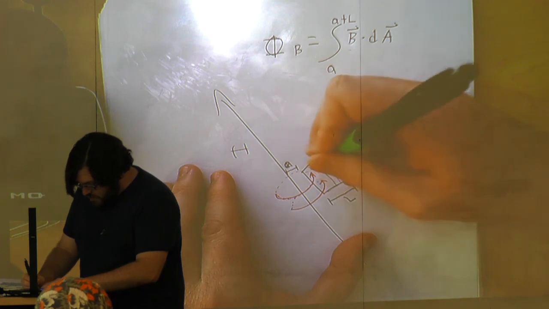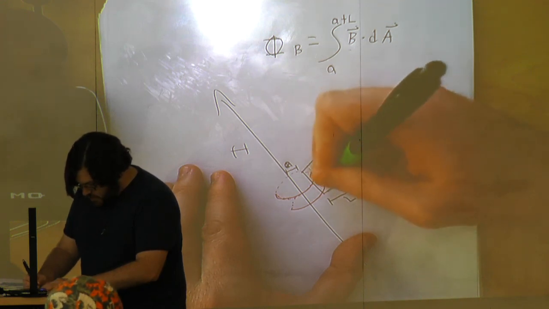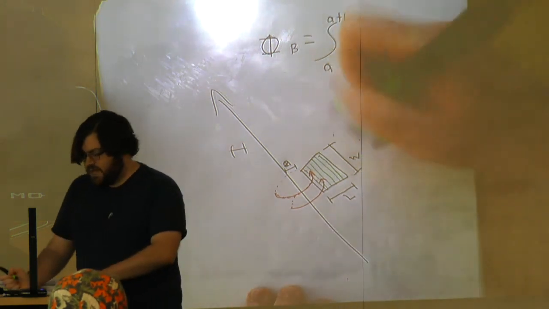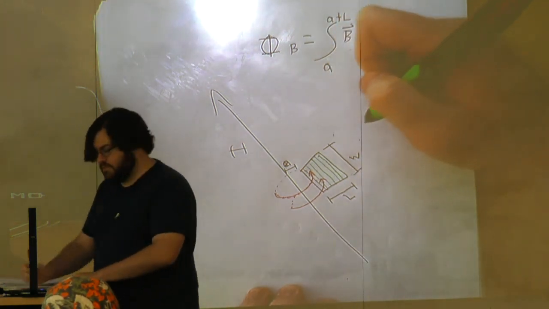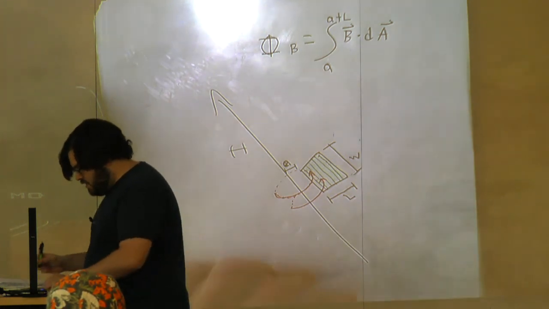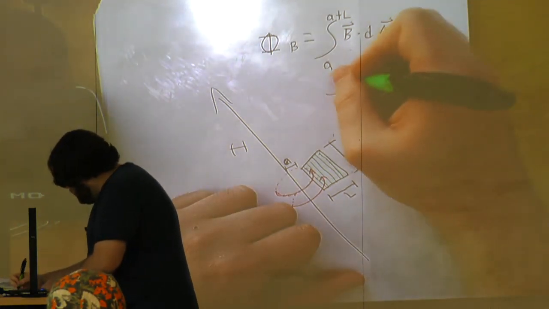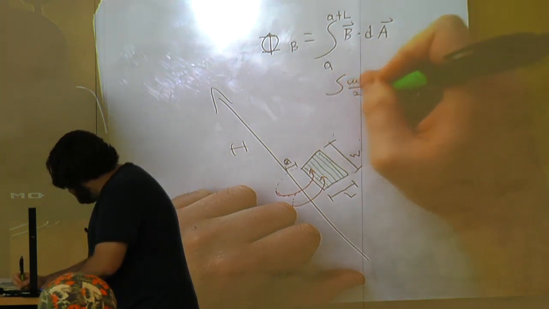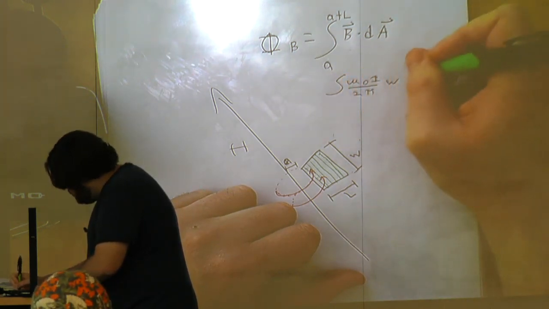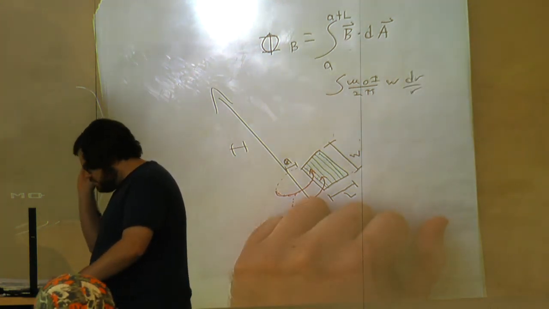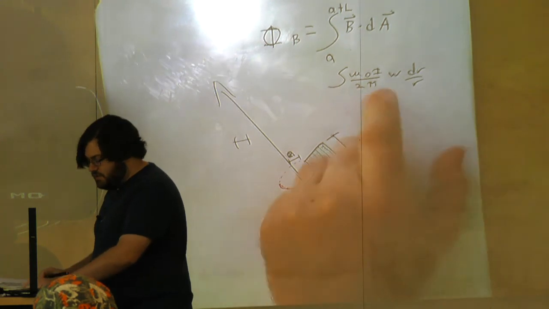The reason that we can do that is that the field changes with respect to L, but not with respect to W. It stays the same with respect to W. So now we have mu naught I over 2 pi W dr over R. This is just the Biot-Savart Law.